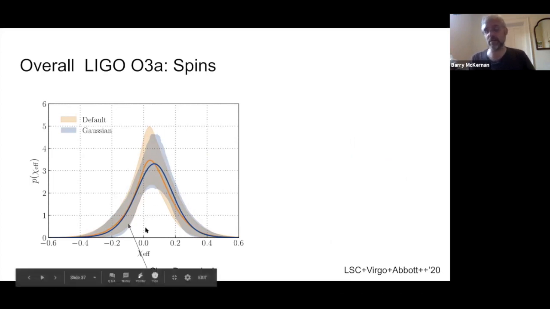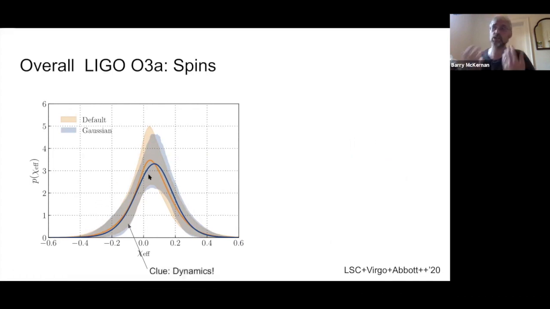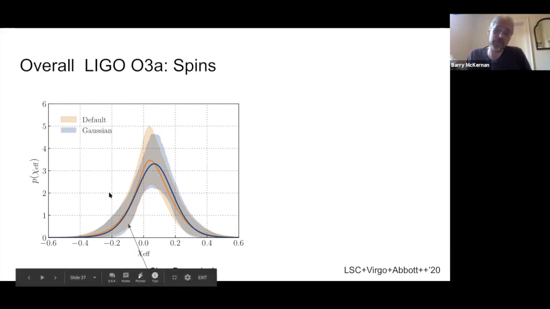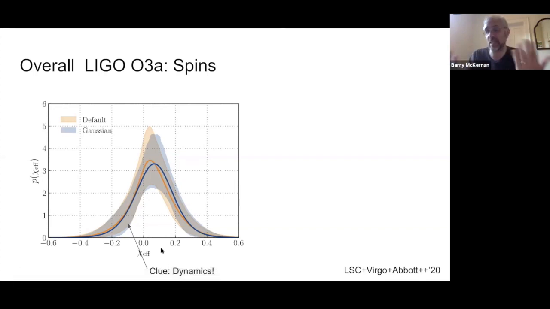However, the preference for a negative component is suggestive of dynamics. So it could be that between 25% and maybe 90%, if you fold the negative part of this distribution into the positive, up to 90% of the mergers that we're seeing could be explained by a dynamical merger channel, which could be globular clusters, but could also be AGN.